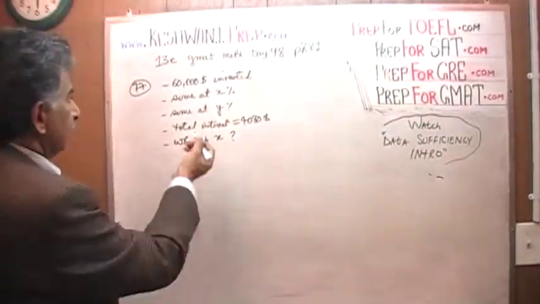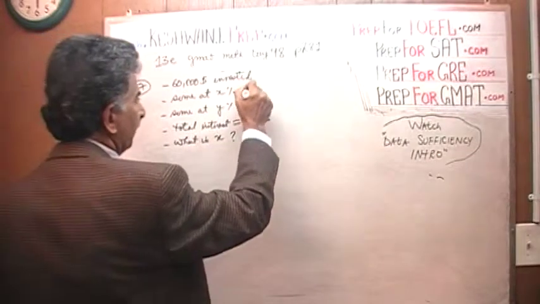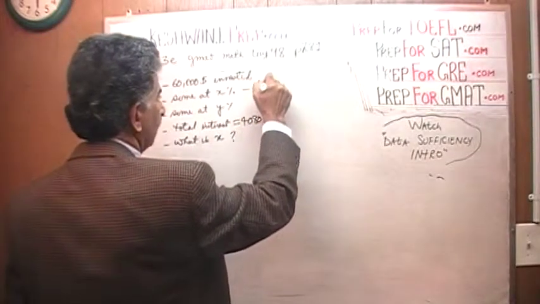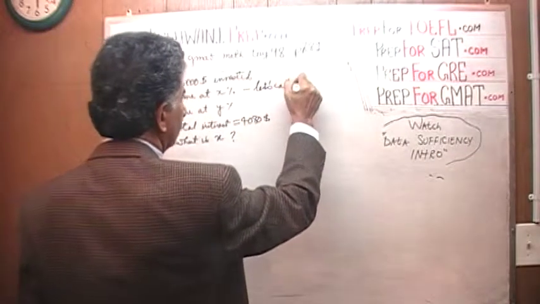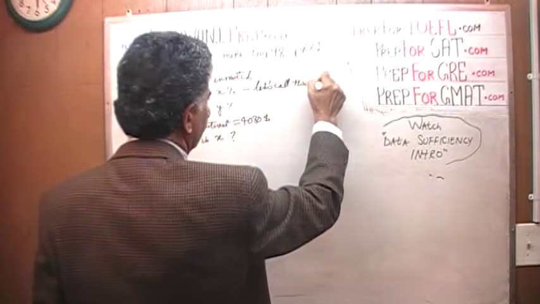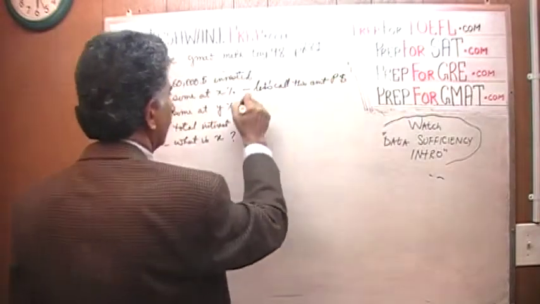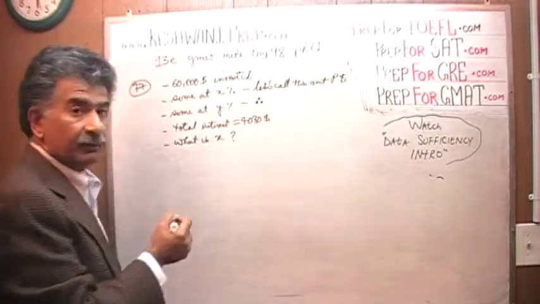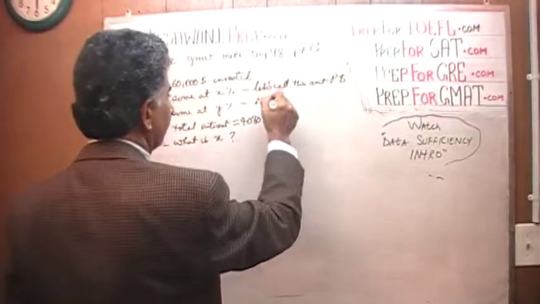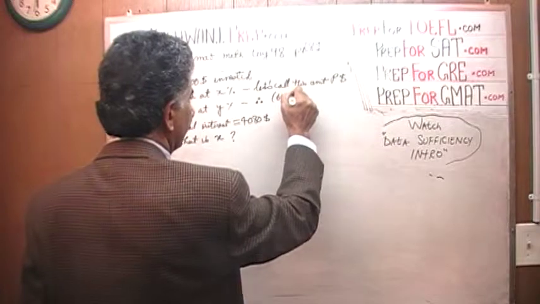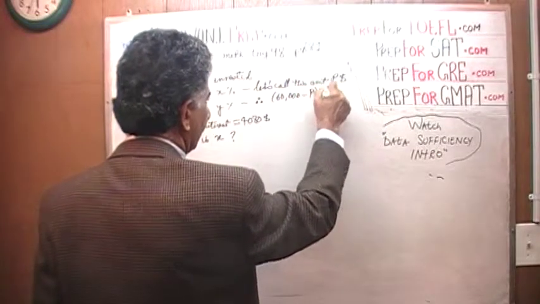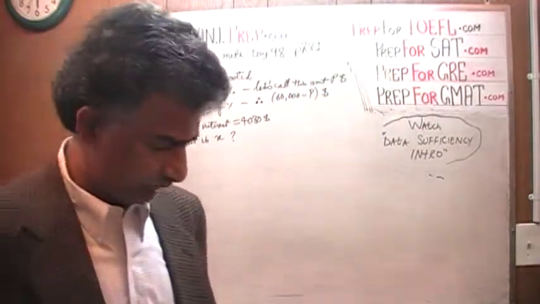Let's begin then. The sum that is invested at X%, let's call this amount P dollars. Therefore, the sum that is invested at Y% would be, because the total is 60,000, 60,000 minus P dollars. P for principal, you understand?